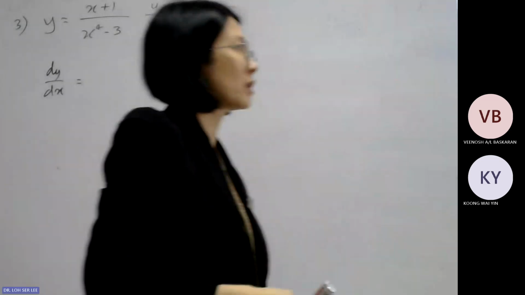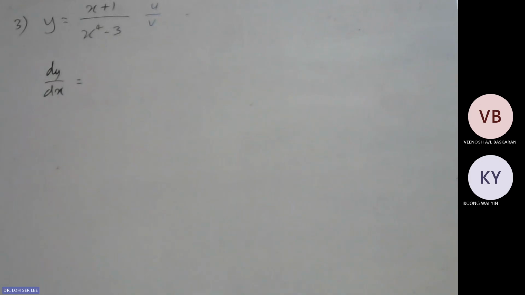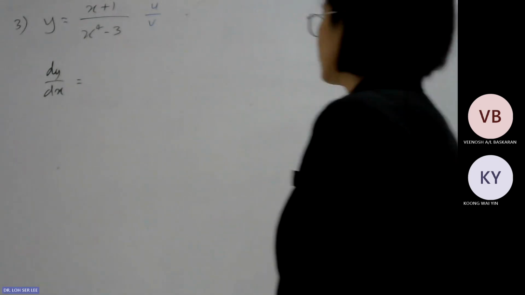VU prime minus UV prime over V squared. Okay, V first.